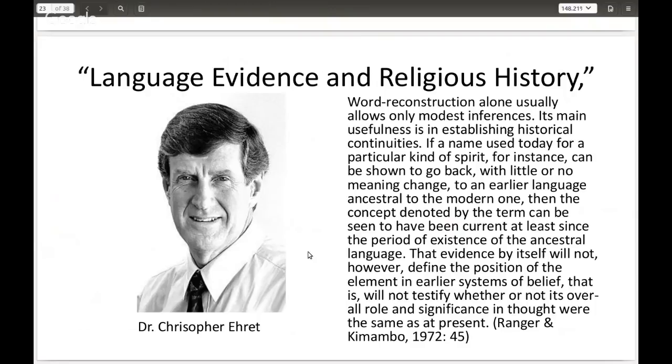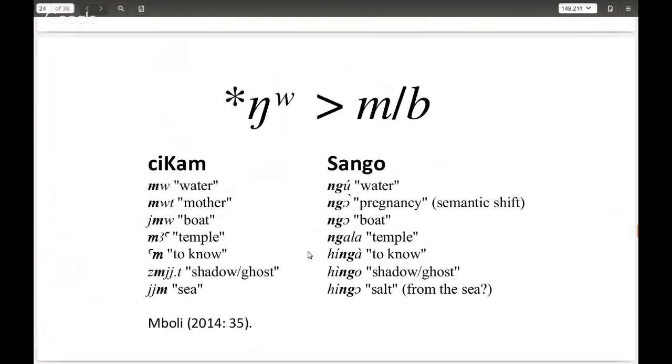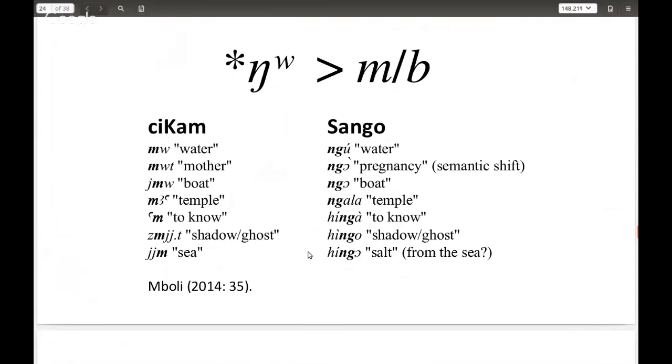And so this is exactly the kinds of things that we do. So for example, in Mboli's work, he demonstrates that the bilabial nasal, voiced nasal M in Chicam or Middle Egyptian, corresponds to a nasalized voiced velar, the G sound in Sango, which is a language in the Central African Republic in Central Africa, just right above the Congo.